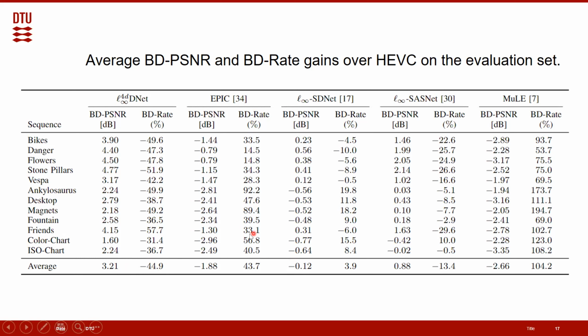This is a clear improvement over if we just took EPIC, and of course it's better than the former SDNet decoding of near lossless. There's another version here which does improve performance, is better than HEVC, but still trailing this. And then we have mu at the right.